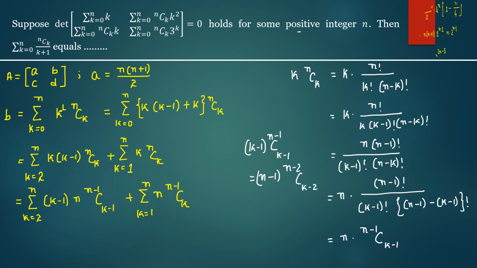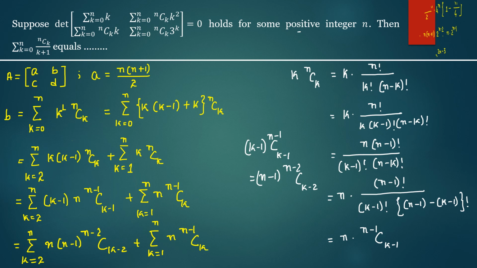So using that, it can be easily written as summation k is equal to 2 to n of n into (n minus 1) multiplied by (n minus 2) C (k minus 2), plus summation k is equal to 1 to n of n times (n minus 1) C (k minus 1).